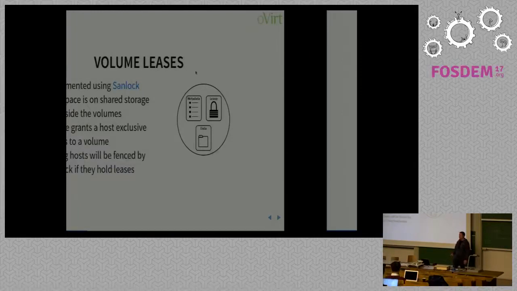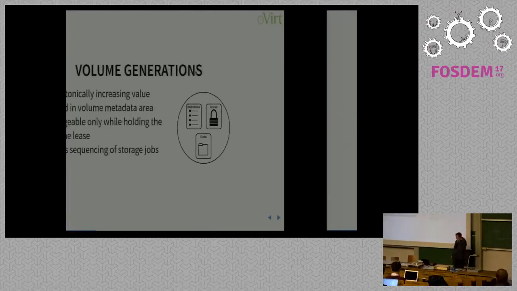So with this in place, we now have a guarantee of exclusive access to volumes, but also importantly, we have a guarantee that those leases won't become stale or stuck in the case of failing hosts. They'll always be released so that we can use another host to satisfy the request. The second tool that we're going to use and talk about today is volume generations.